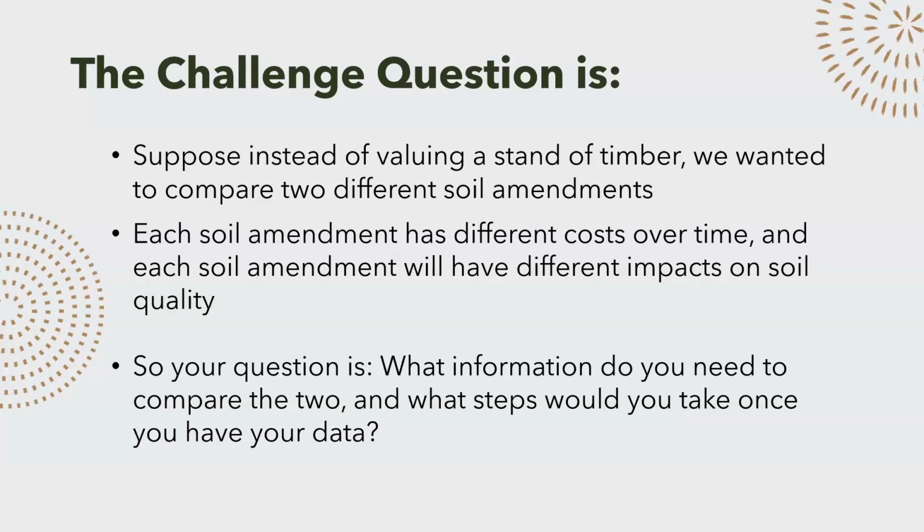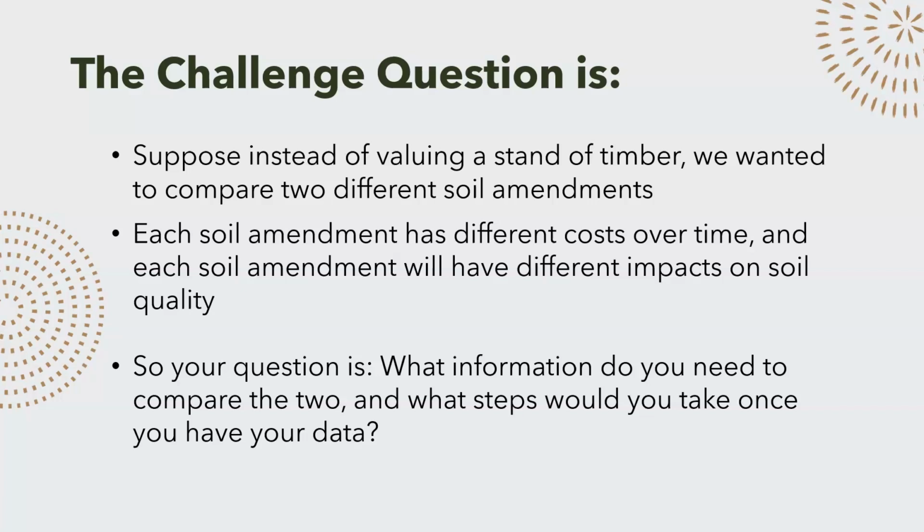Let's suppose that instead of valuing a stand of timber, we want to compare different soil amendments that we could put, say, in an irrigated ag field or possibly for our trees. But each soil amendment has different costs over time, and each soil amendment is going to have different impacts on soil quality.